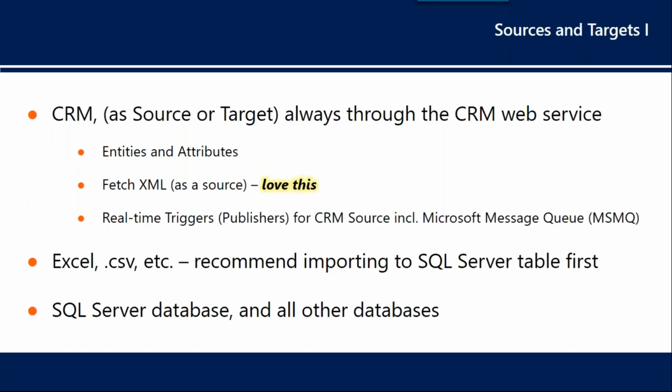CRM as a source or a target is through the web service. You can access all of the entities and attributes that you need in CRM. When you go through the web service, it gives a so-called abstracted view of the CRM data, so you have access to everything you need, and sometimes it's a simplified view, because the database can be normalized with a lot of related entities, and going through the adapter makes it easier to view the data.